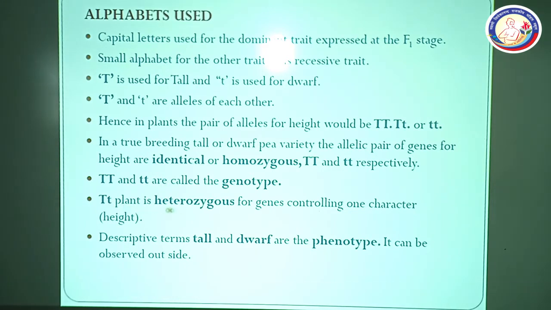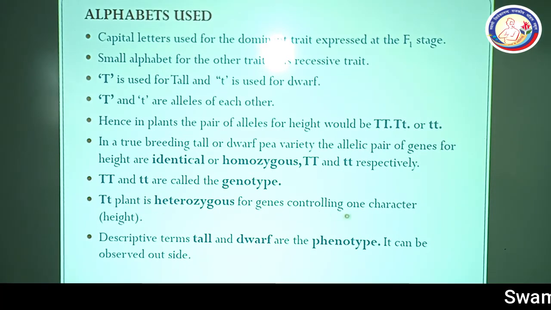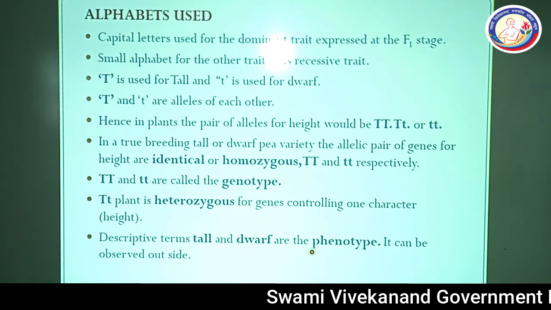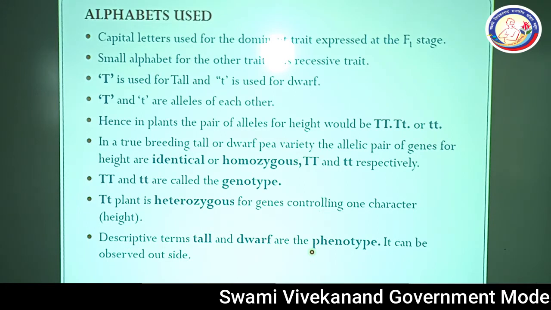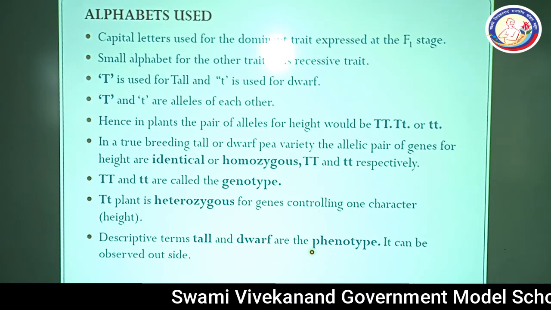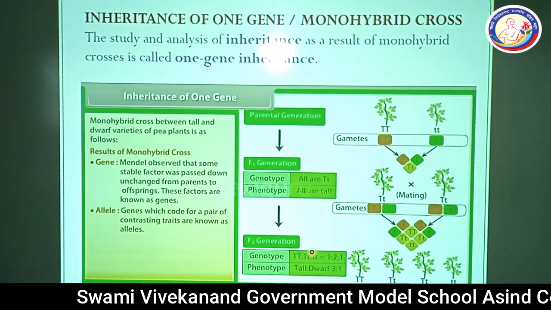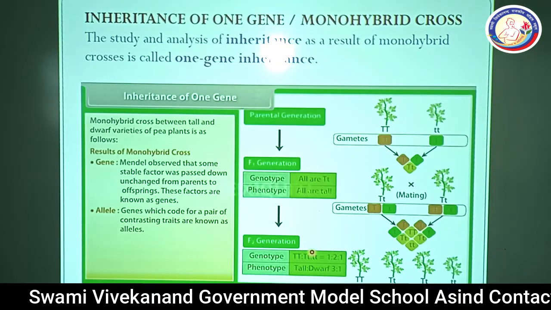A capital T small t plant is heterozygous for genes controlling one character, and here that character is the tall or dwarf height of the plant. Descriptive terms tall and dwarf are the phenotypes. I have already explained what the phenotype is, so I need not explain again here. It can be observed outside.